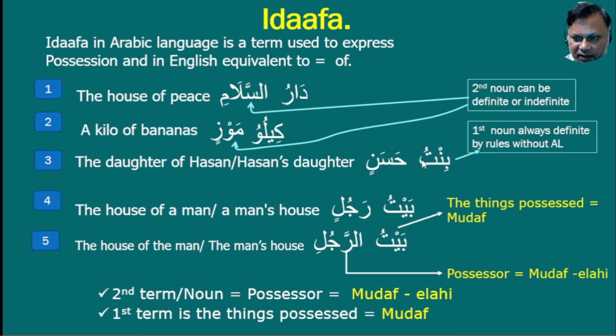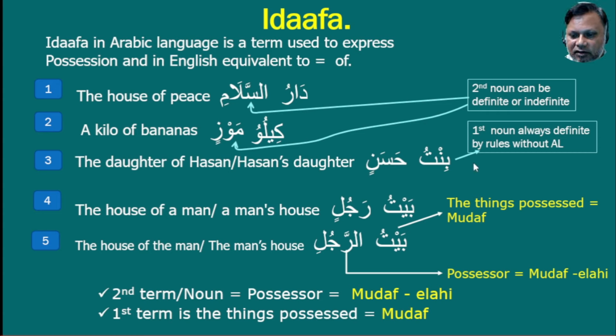Why is it definite? It is definite by this rule of Idaafa. What is the rule? This baitun is a house, not all the houses. The house has been specified with this possessor Hassanin. This is the only house that is mentioned here, the house that belongs to Hassan.